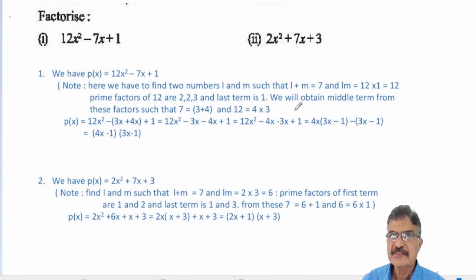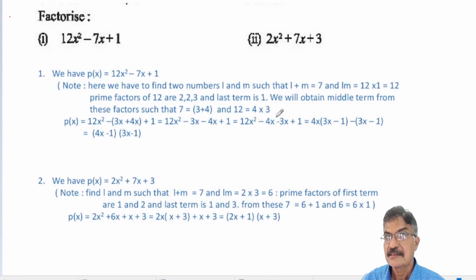From these prime factors, we have to find the middle term either by adding, subtracting or multiplying these prime factors. Here we obtain 7 from 2 into 2 plus 3, that is 4 plus 3, which is 7.